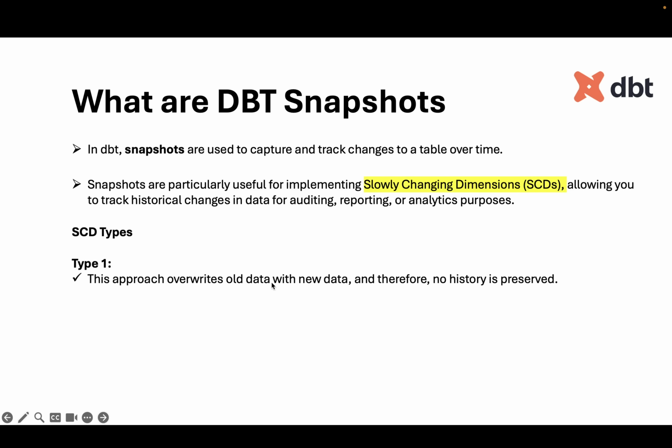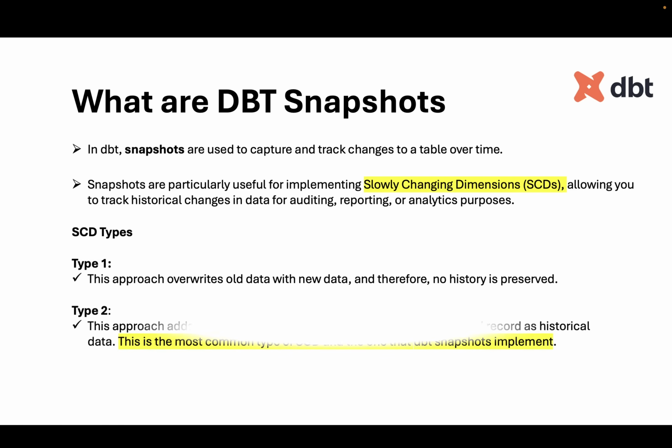So take an example of a table where you have changes coming in and you don't want to keep the previous data in your table, so you just want to overwrite the old table with the new data. If you want to implement that type of strategy using SCD, then you can use what we call SCD type 1.